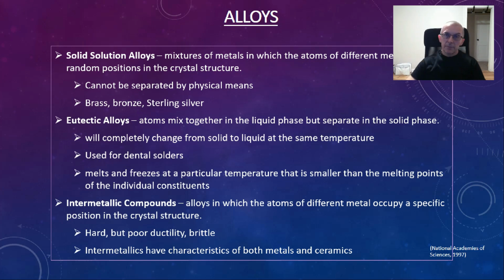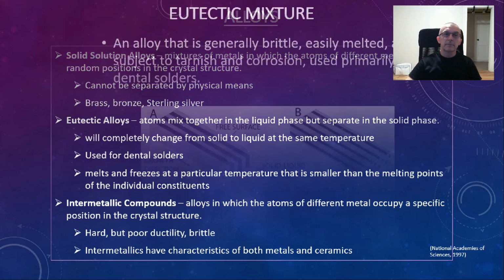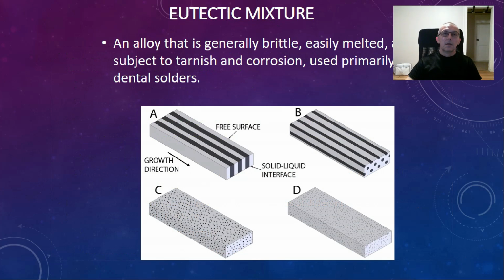Intermetallics, as the name specifies, have the characteristics of both metals and ceramics. And as you remember, ceramics are fragile, they're brittle. So they have a little bit of this and a little bit of that. This is what a eutectic mixture is.